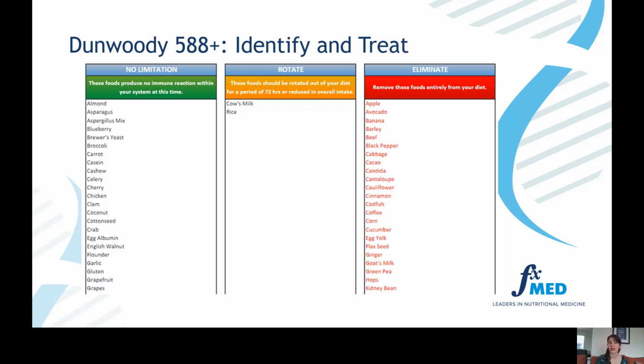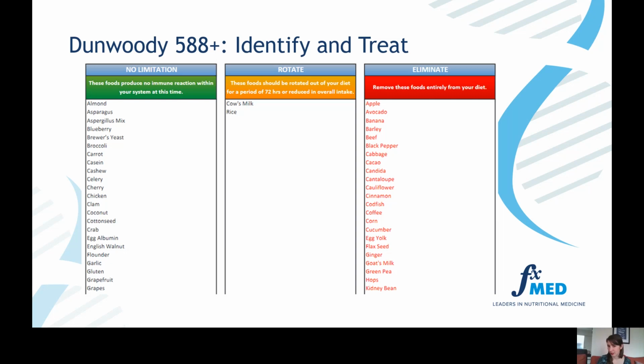So this is the more restricted plan. It includes the foods that there are no limitation for, as well as the foods that we would like to eliminate temporarily. With IgG, remember that the IgG will clear from the body in around 2 to 3 months. And so we want to keep those foods out of the diet for the larger reactions until then, to give IgG a chance to stop having their reactions, stop hanging around, and then we can reintroduce them and see how we go.